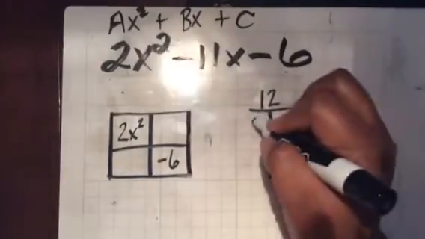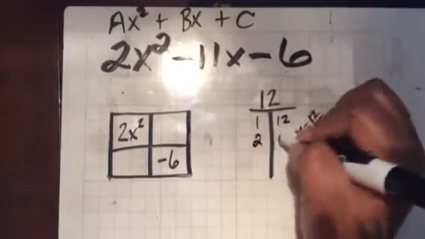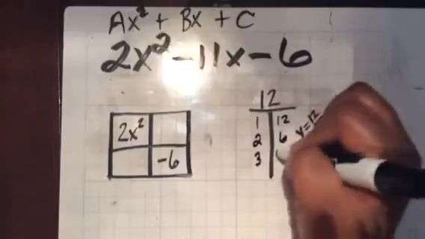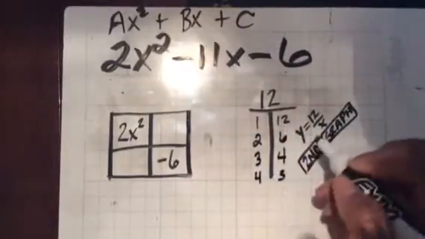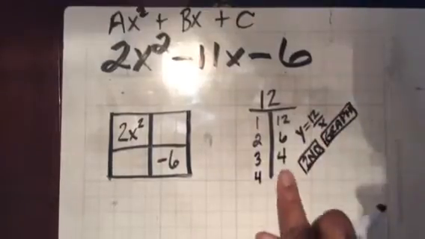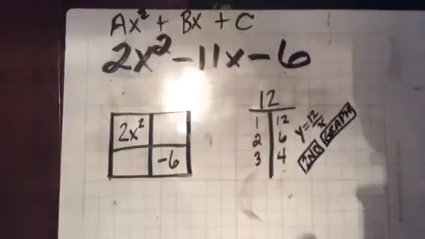And you'll see that 1 and 12 are factors, 2 and 6, 3 and 4, and then it'll start to repeat. You'll get 4 and 3. Now you know that you're done. These are all of the factors of 12. There's some decimals, but we're not going to play with those.